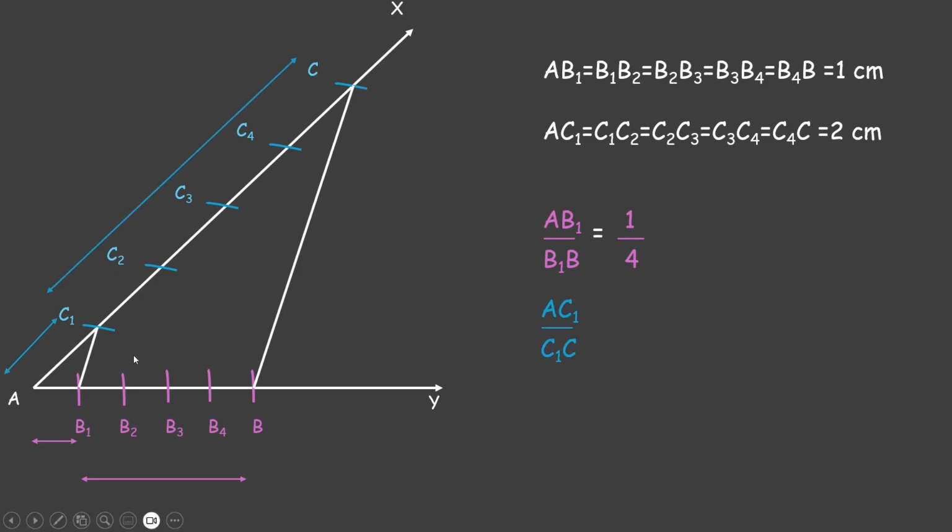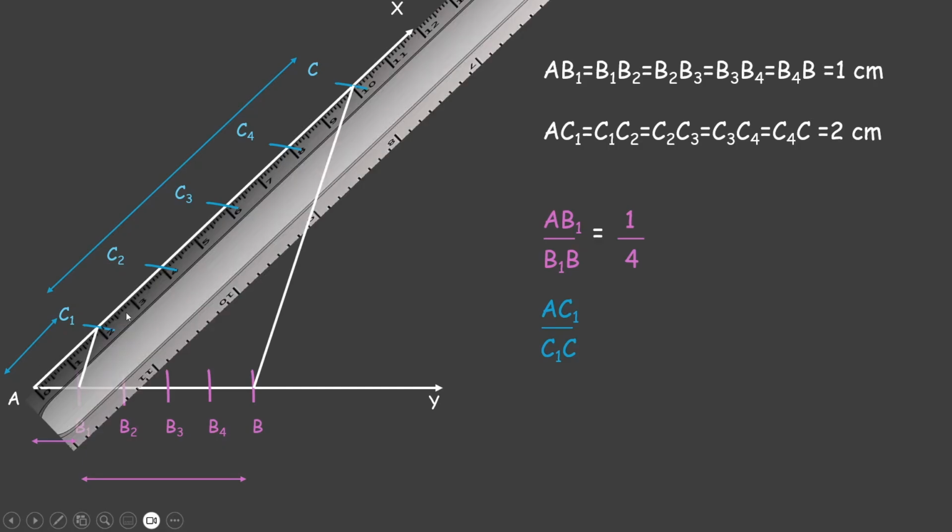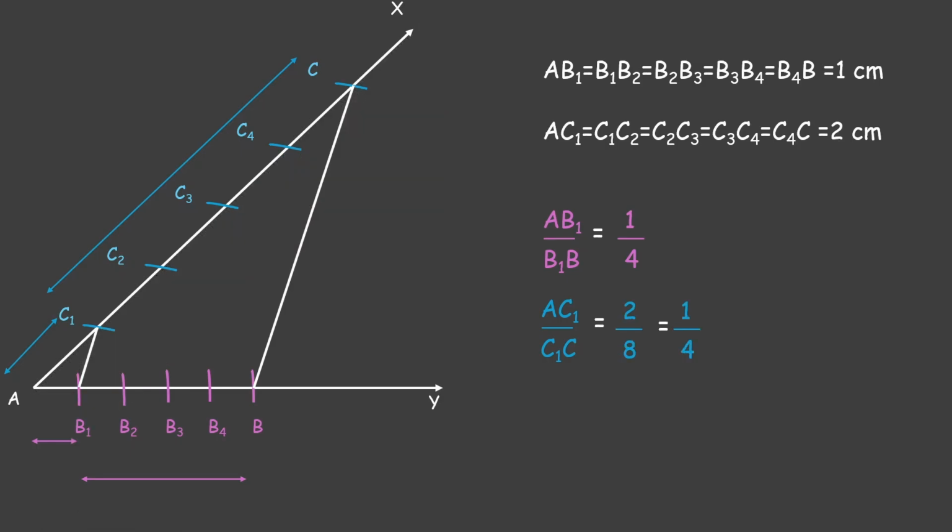This is 2 and this would be 2, 4, 6, 8. So this is 2 by 8, which is again 1 by 4. So we get that AB1 divided by B1B is equal to the ratio of AC1 to C1C.